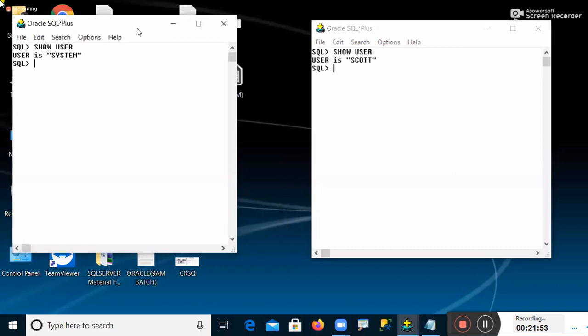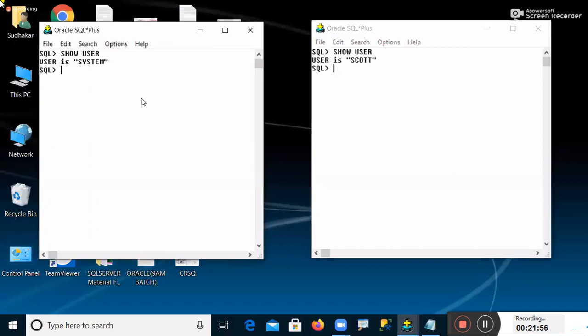So two connectivities are there. Practically observe: suppose the system user's request reaches your server first. That means this user is sending the first request, say an update request: update Scott.emp set salary equal to 1100 where empno equals 7900.